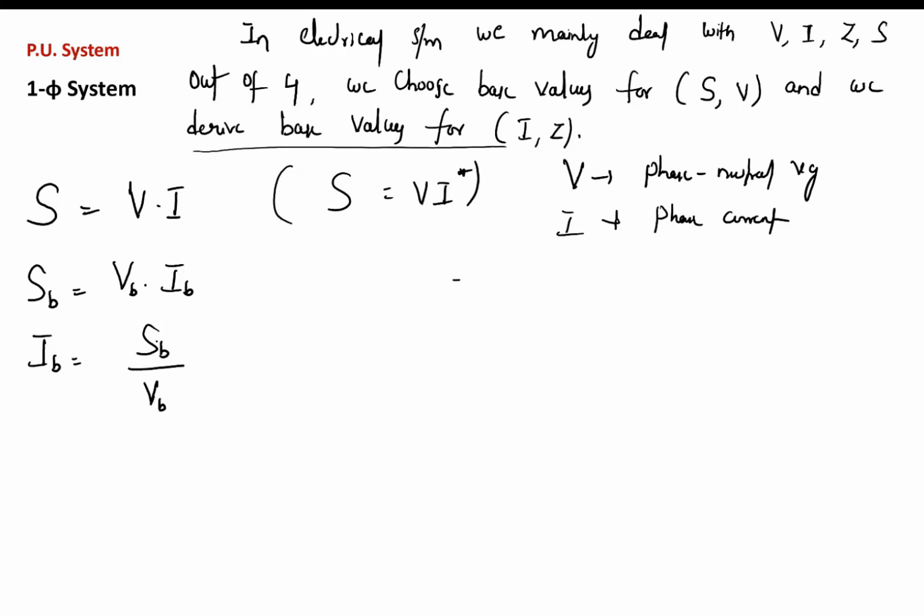Okay. Next you have ZB, which I can write as VB divided by IB. Why? Because in a single phase circuit, V is the phase to neutral voltage and I is the per phase current.